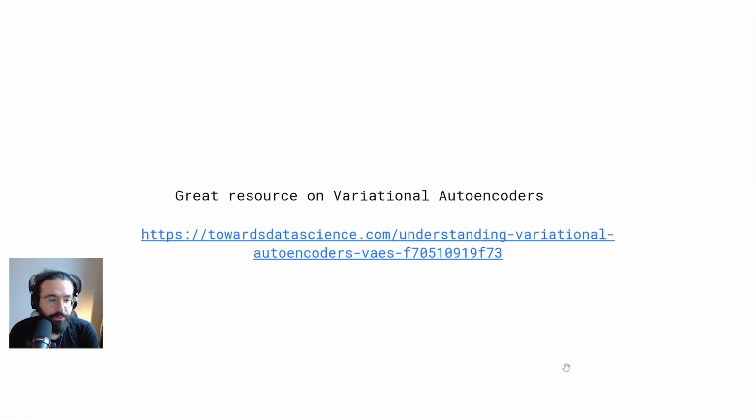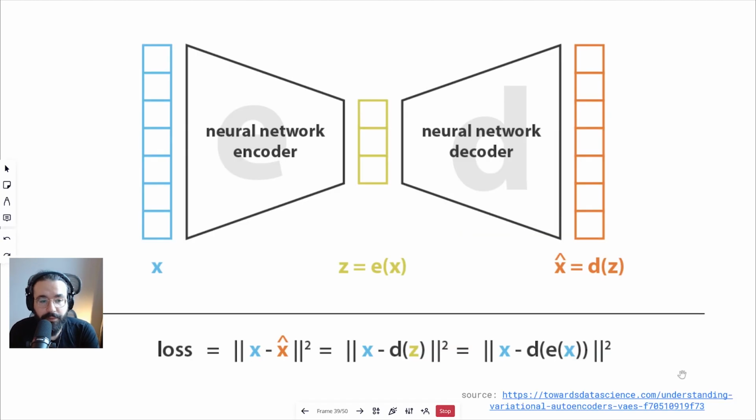There is a page on Towards Data Science that I really like, and I think it's a really great resource on variational autoencoders, which covers the topic in a very brief manner. The following slides will include images from this source. An autoencoder consists of two main parts: a neural network encoder and a neural network decoder.